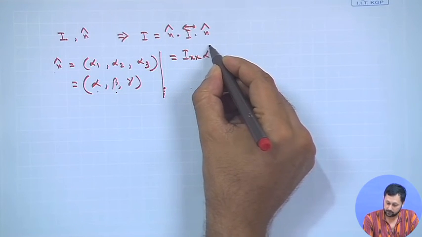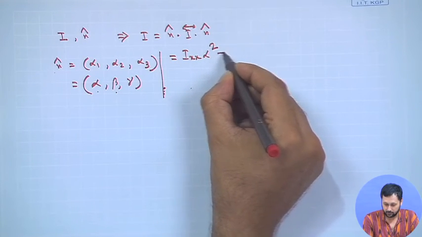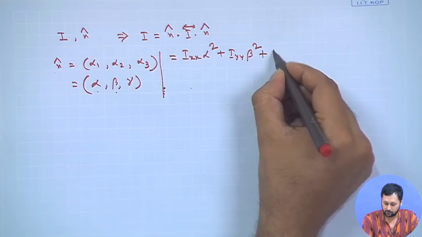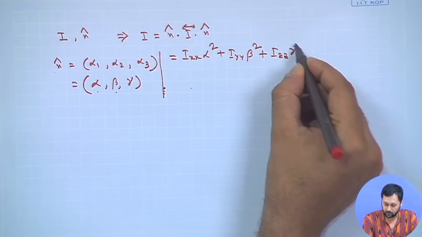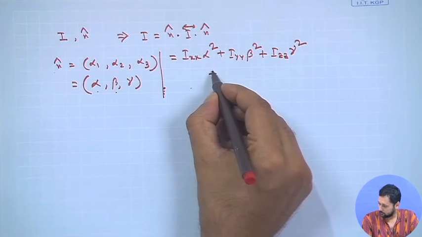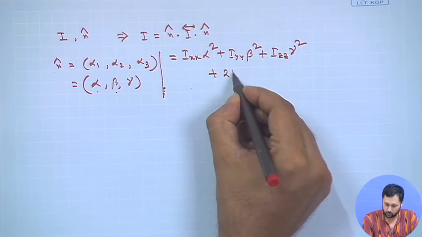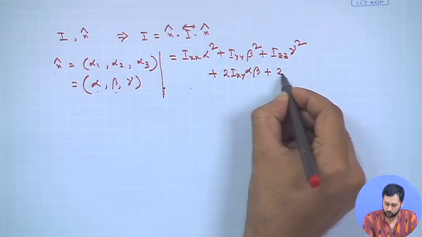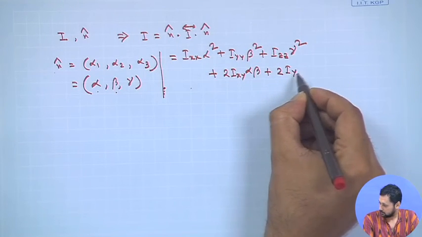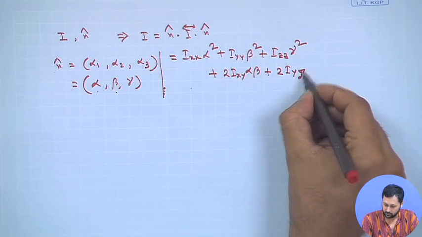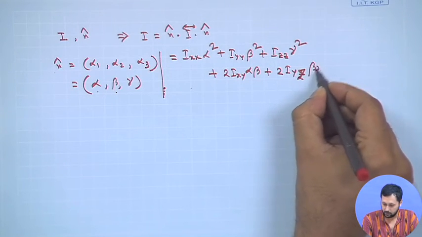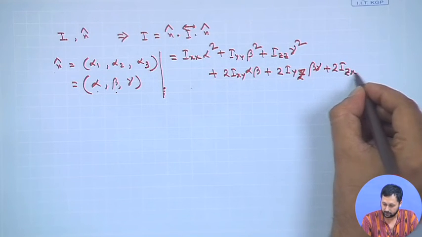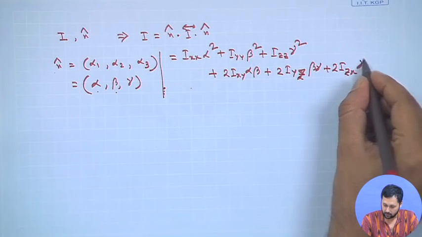So, it will be I_xx alpha square plus I_yy beta square plus I_zz gamma square, okay, and there will be lots of cross terms: 2I_xy alpha beta plus 2I_yz beta gamma and 2I_zx gamma alpha.